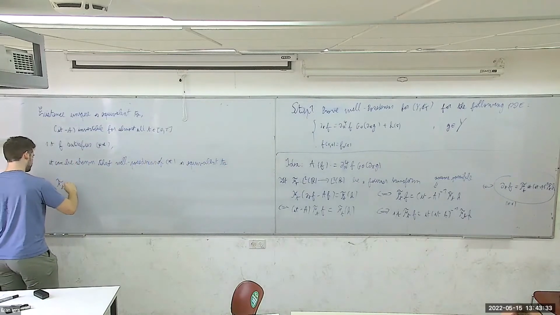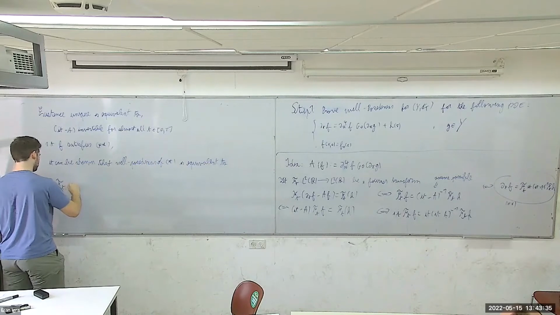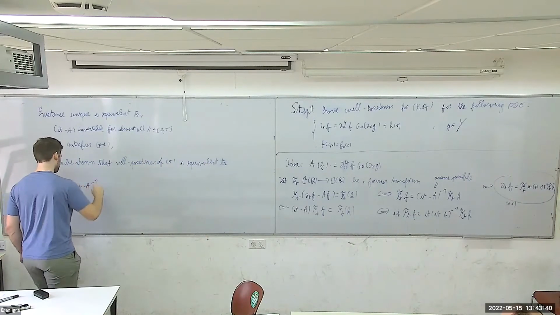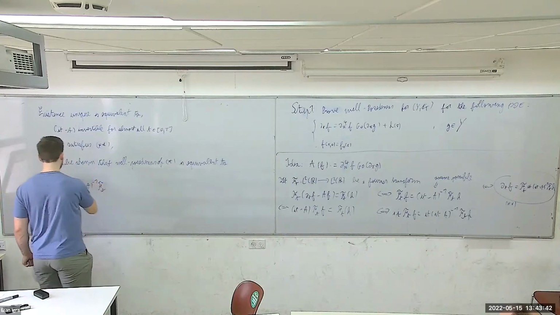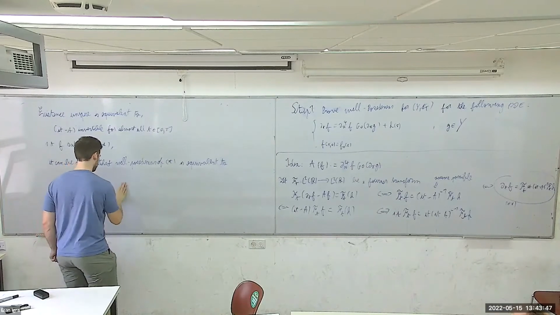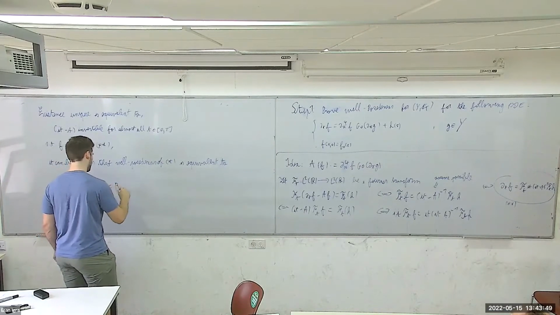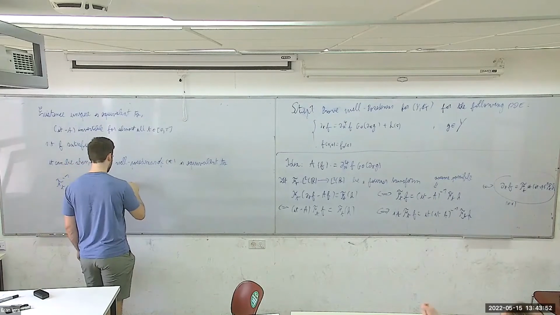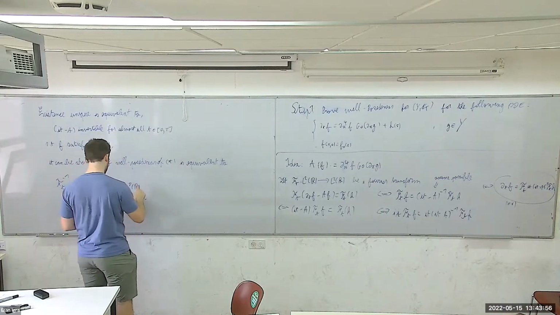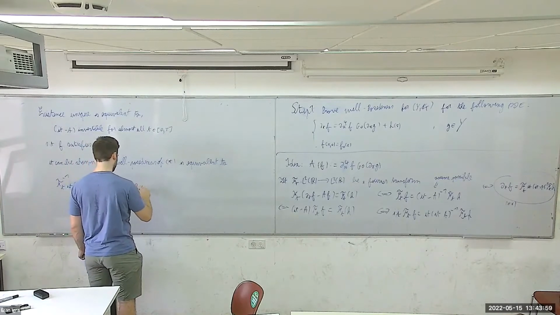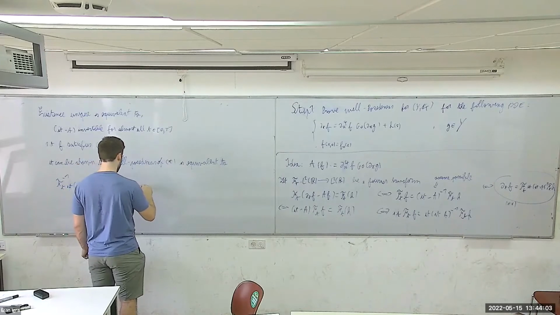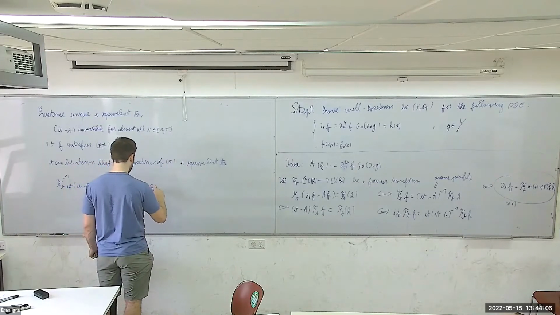This operator here being a continuous linear operator, so a bounded linear operator between LP of R and itself.